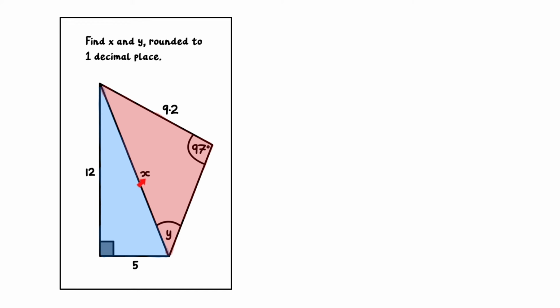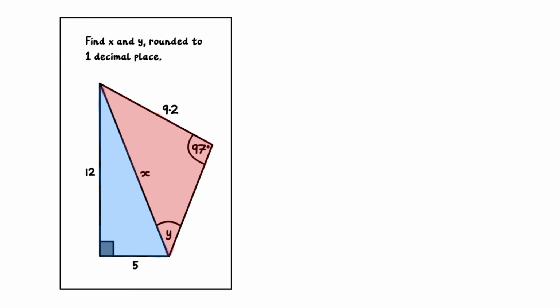The side labelled x appears in both of these triangles, so we'll need to think about which one of these to focus on. Well, in general, the more things you know, the easier it is to figure out the things you don't know. In the blue triangle, we know two sides, the 12 and the 5. We also know one angle, the 90-degree right angle.